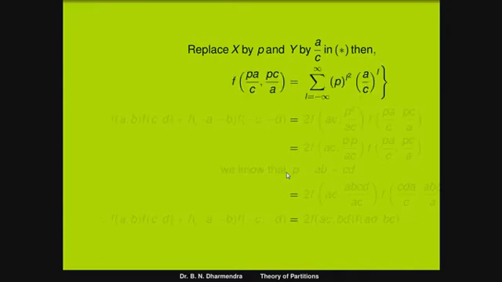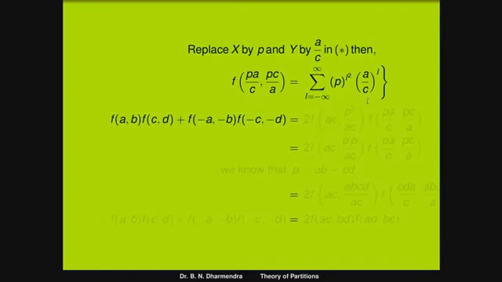It can be written as f of pa by c comma pc by a is equal to the summation running from minus infinity to plus infinity, p to the power of l square into a by c whole to the power of l.